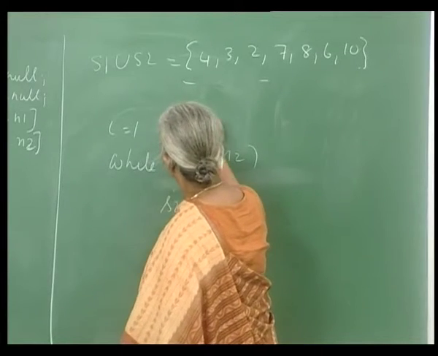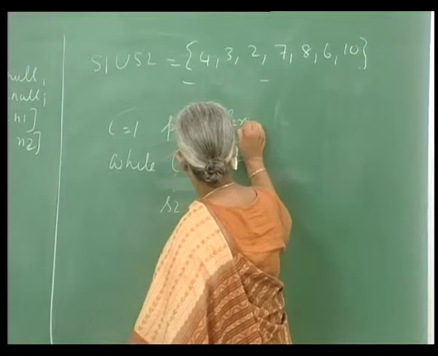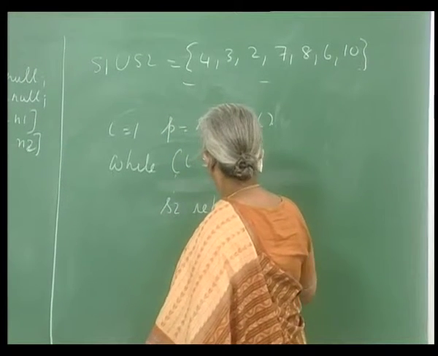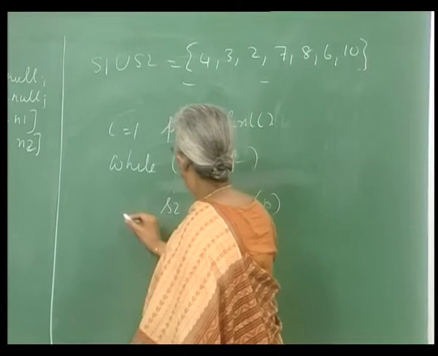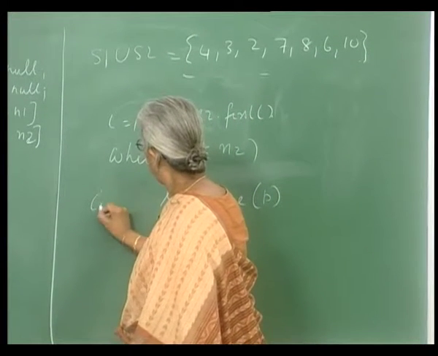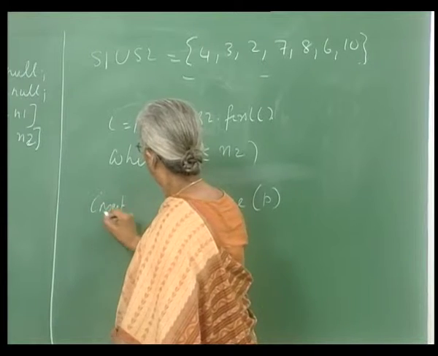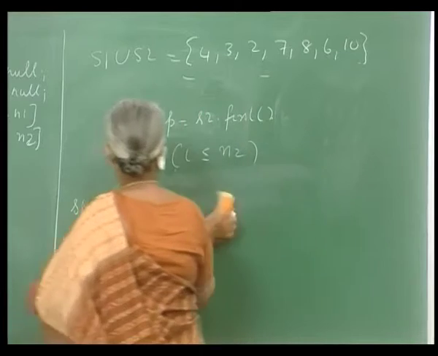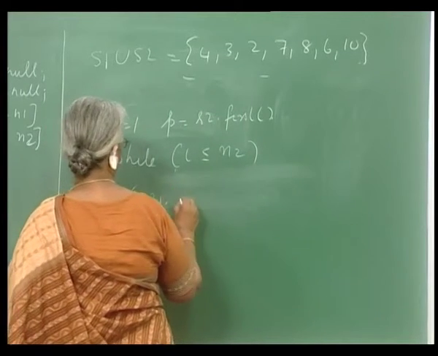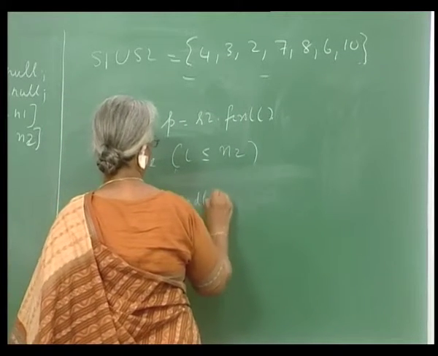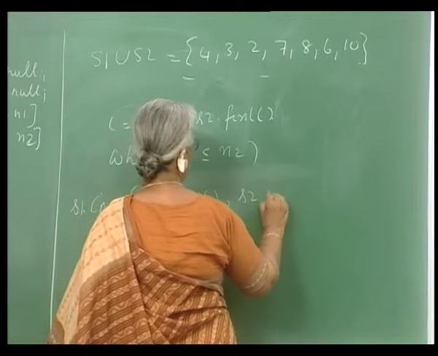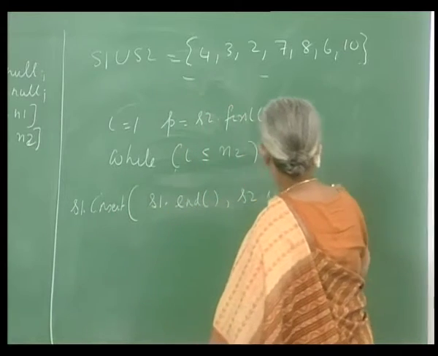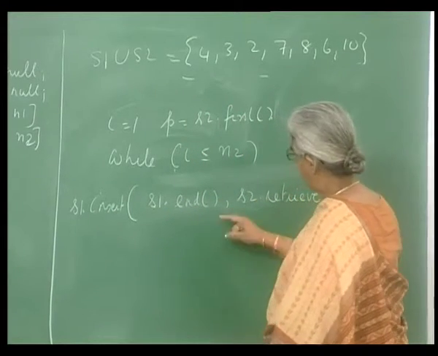P is equal to S2 dot first. Then I will retrieve what is there at P and insert it into S1: S1 dot insert, S1 dot end, comma S2 dot retrieve at position P. What is the meaning of this?